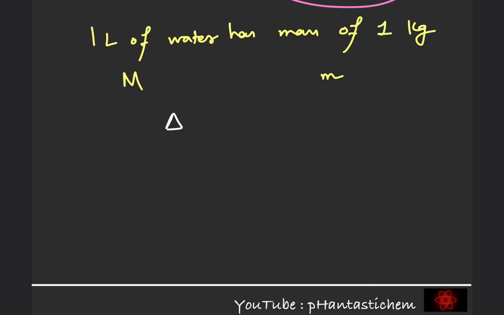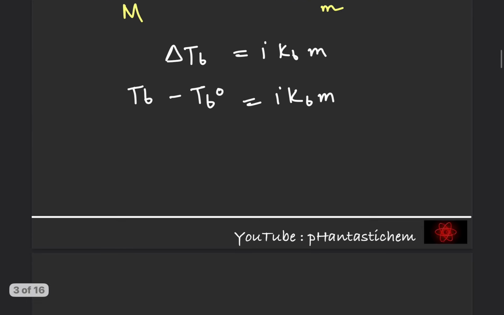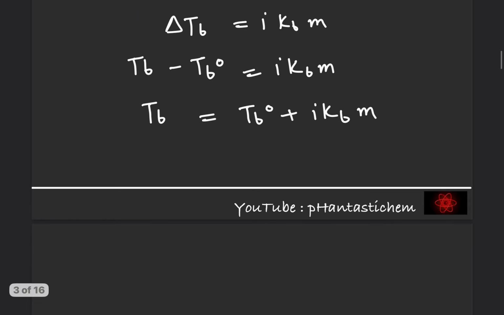And so we know that delta TB is equal to i into Kb into m. And delta TB itself is TB minus TB naught, which is equal to i into Kb into m. So TB is TB naught plus i into Kb into m, right? This TB naught is the boiling point of the solvent. In this case, we have water, so it is going to be 100 degrees Celsius.